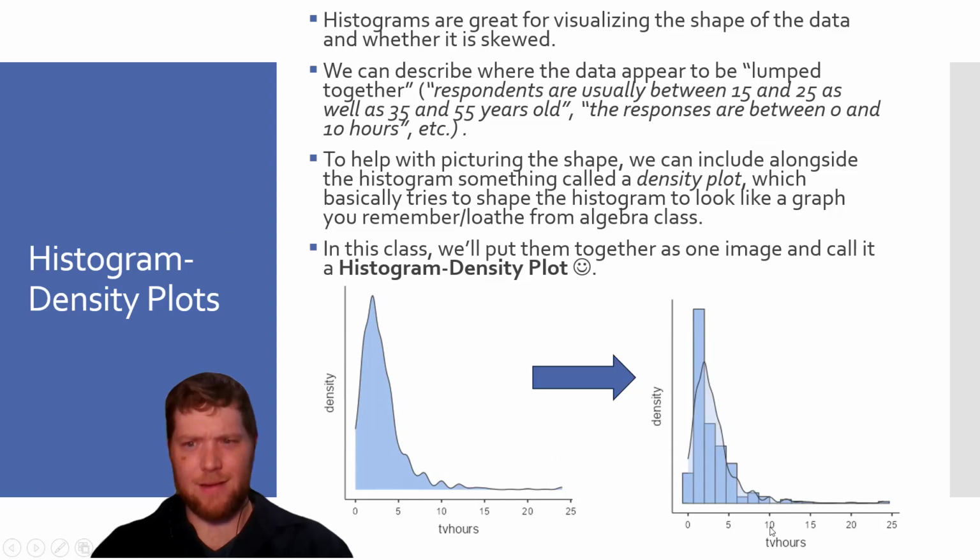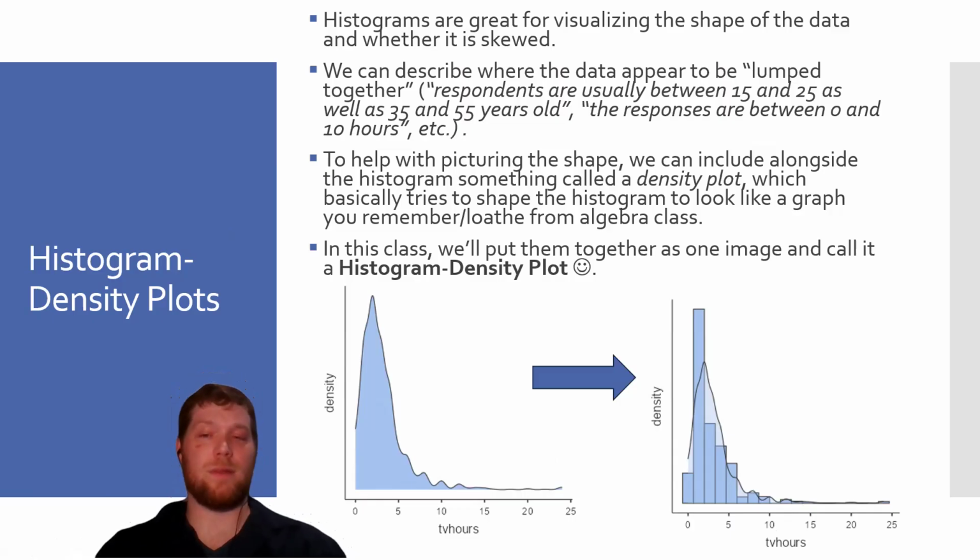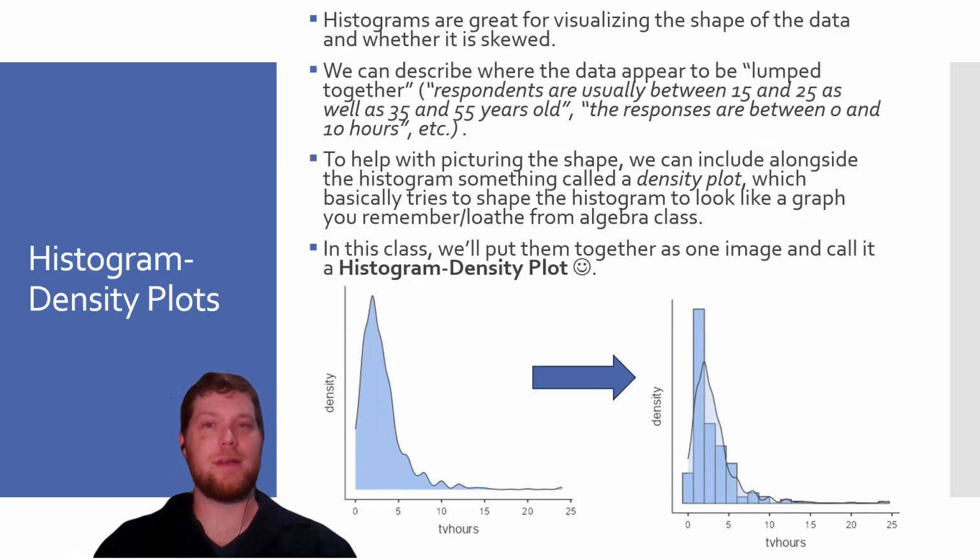By the time I get to 10, right here, I don't see a lot of data beyond 10 hours. So it gives us a good understanding that most people seem to be between 0 and 10 hours for television watching. Beyond that, not a lot. There are some, but it's definitely limited.